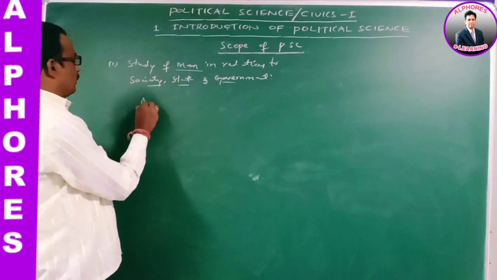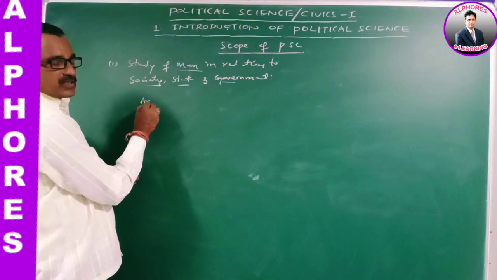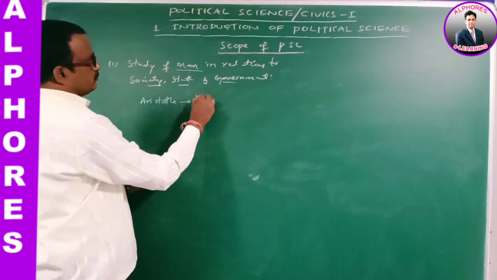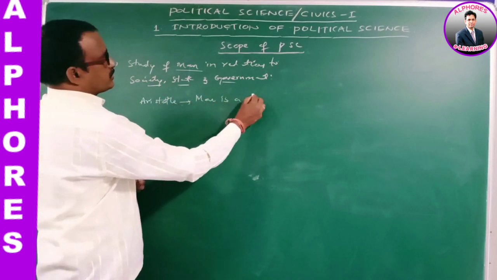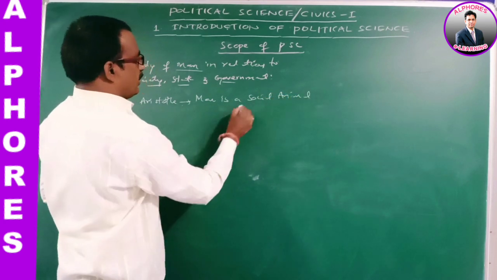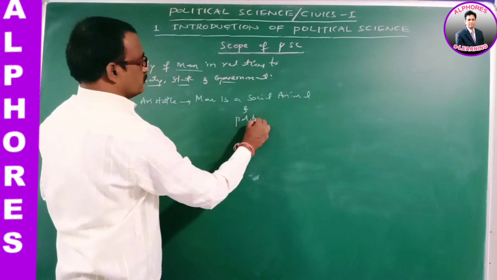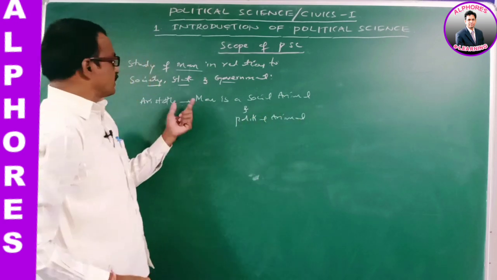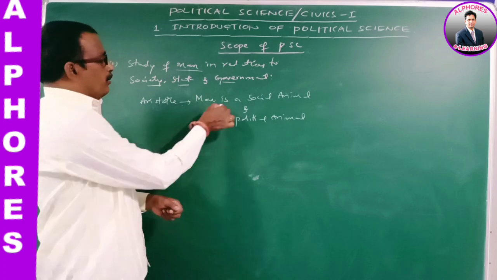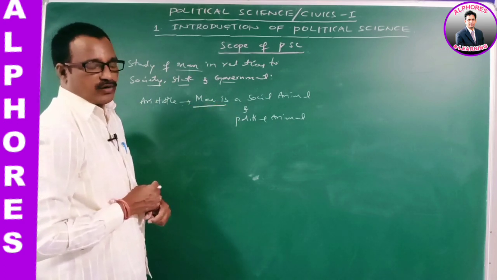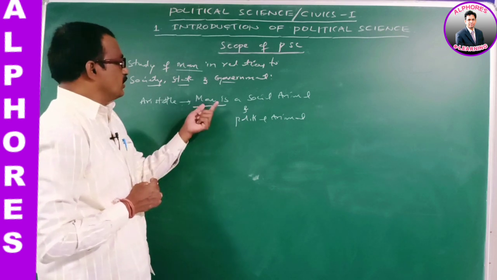Here, the famous Greek political philosopher, namely Aristotle, said that man is a social animal and a political animal. Why he said that man is a social animal? Man cannot exist in the society lonely.